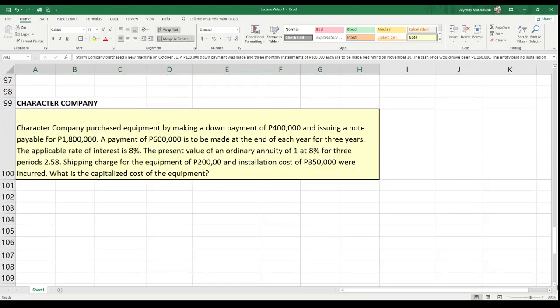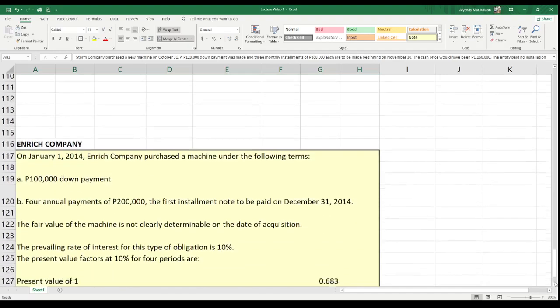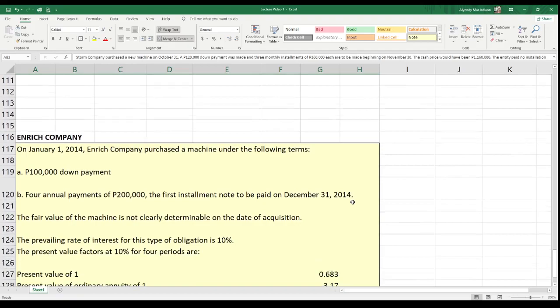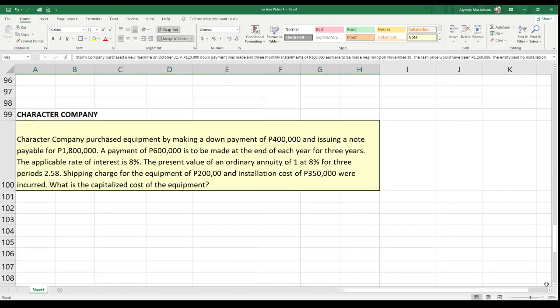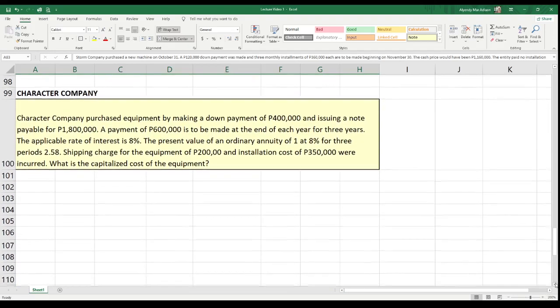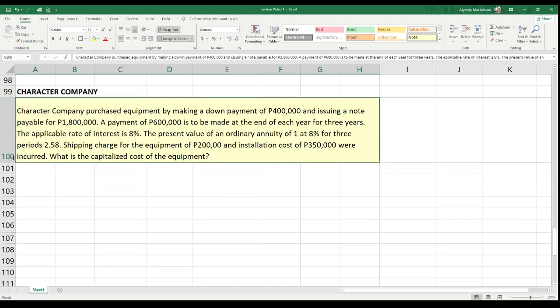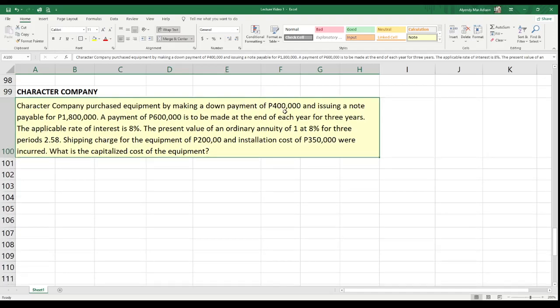So we have character company. So the question is, what is the capitalized cost of the equipment? Character company purchased equipment by making a down payment of 400,000 and issuing a note payable for 1,800,000.